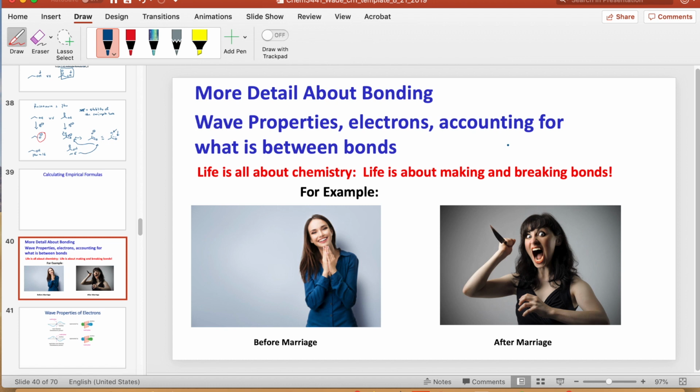And so as an example, how your life changes after you get married, right? So before marriage, you have the picture here on the left, which is wonderful, and then after you get married, this is what is reality, right? So and that's pretty much chemistry. We're looking at how things change after bonds are made and or broken, right? So this has nothing to do with personal experience, just FYI.